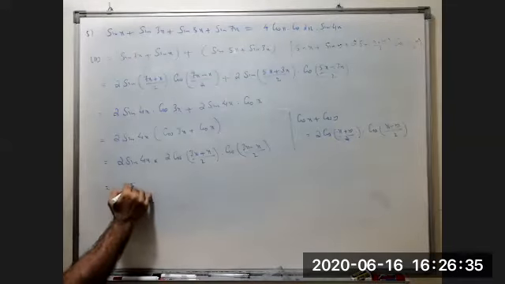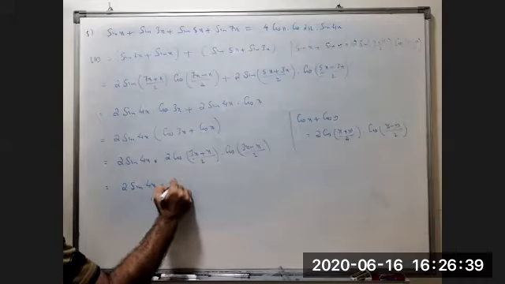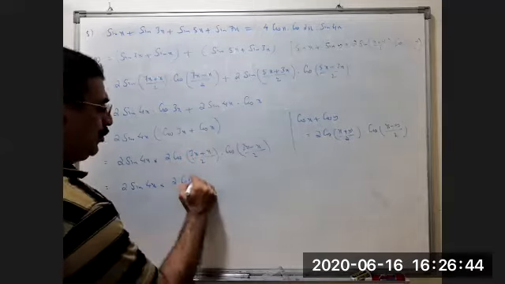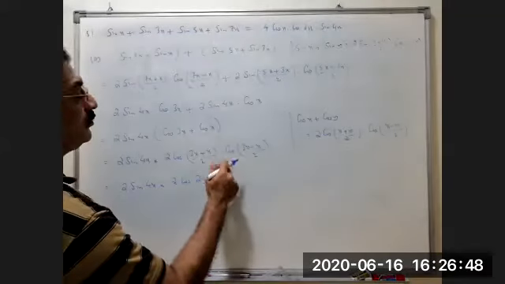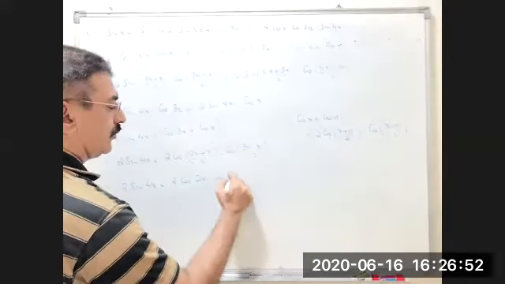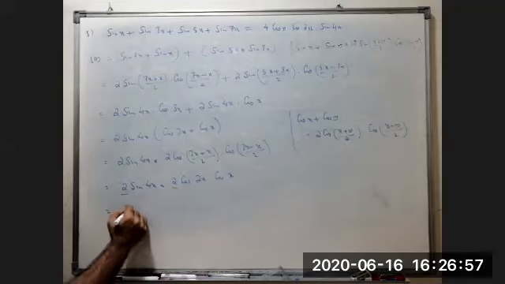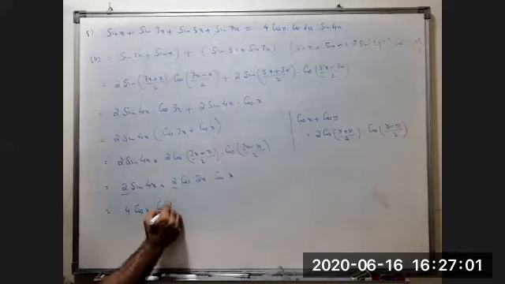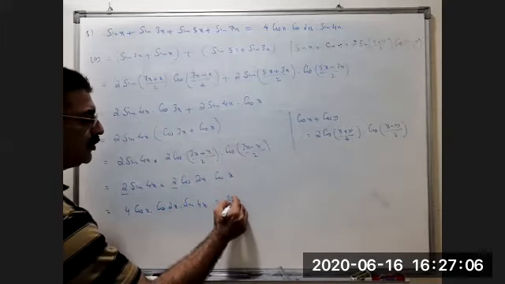This is 2 sin 4x into 2 cos 2x into cos x. This 2 and 2 becomes 4 cos x cos 2x sin 4x, which is RHS.